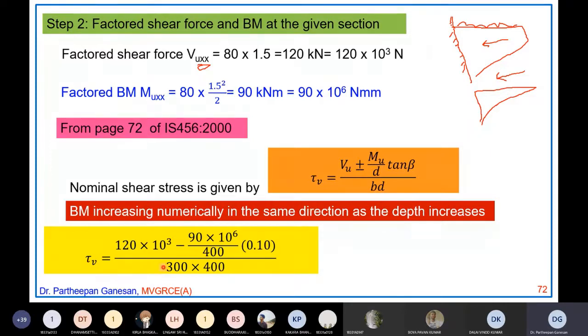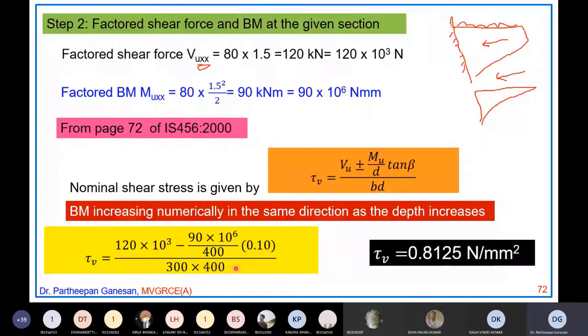B is the constant width given, and the depth at the particular section is 400 mm. So if you calculate, tau V is coming out to be 0.8125 Newton per millimeter square. Only thing you should remember is, in this formula, Vu, Mu and d should be calculated for the particular given section, not for the maximum value.